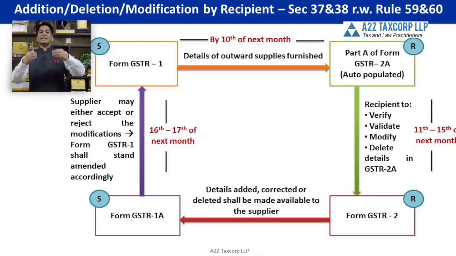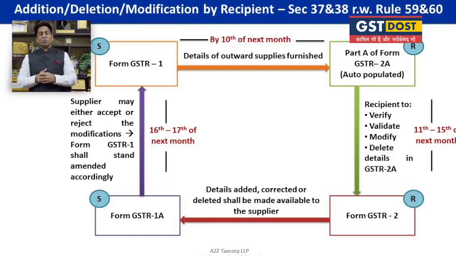Third is delete. I have supplied certain goods or services. I have uploaded the invoice particulars while finalizing my GSTR1, which would be auto-populated for the recipient in 2A. But the question comes, there is a negative list of goods or services in the GST regime under section 17 subsection 5 of the CGST Act 2017.